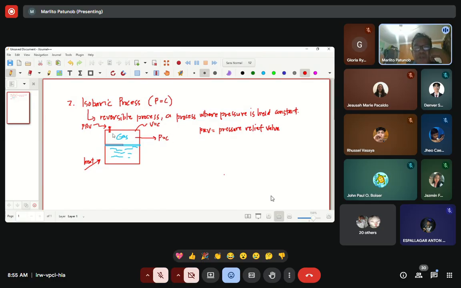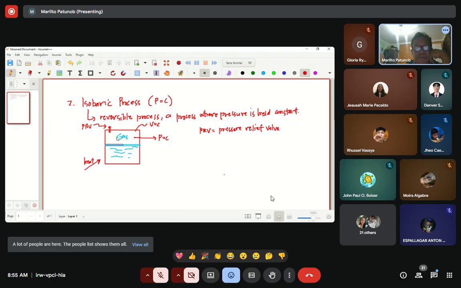So that's a pressure relief valve in order to maintain the pressure inside at constant pressure. So you are introducing some relief valves, no, number one, for safety purposes. That's the function of a pressure relief valve.